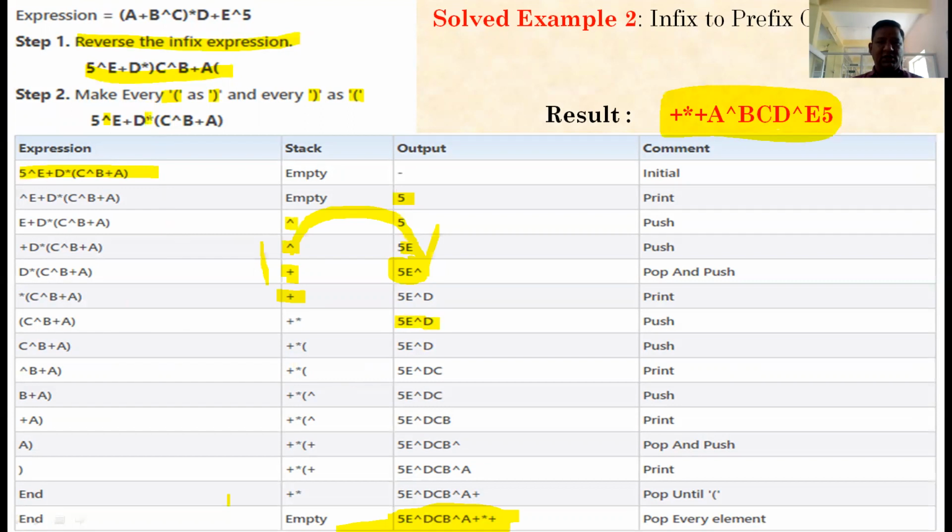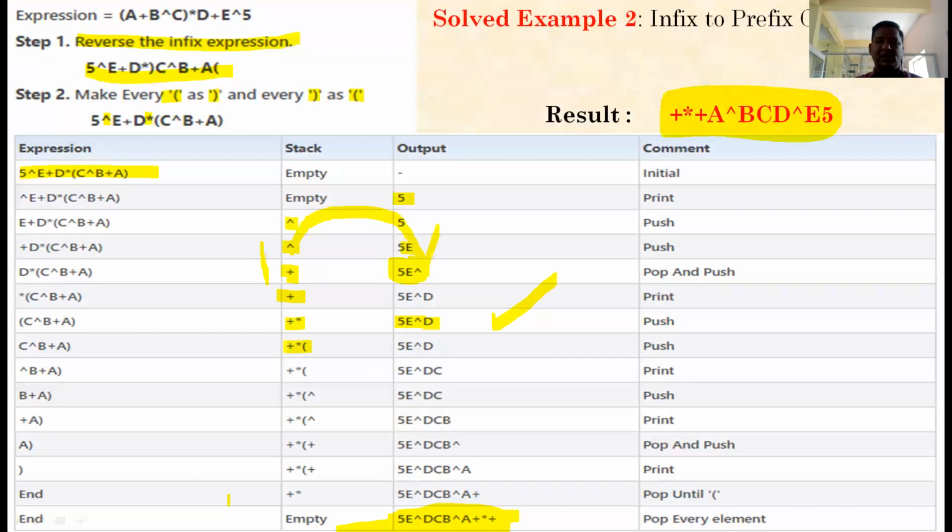After D, the next symbol is the multiplication symbol. Multiplication can be added to the top of the stack because plus is a low priority operator as compared to multiplication. So multiplication has higher priority than plus, and it can be added to the top of the stack. No need to worry.